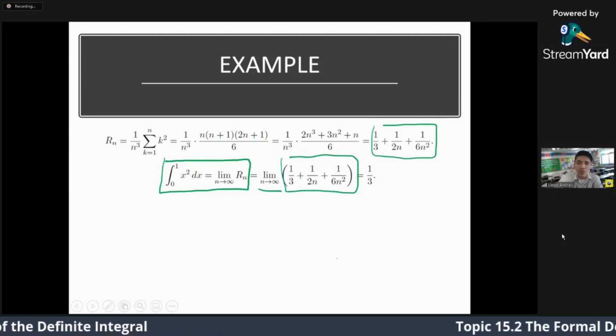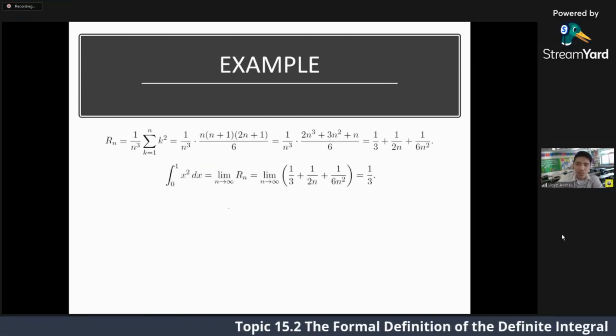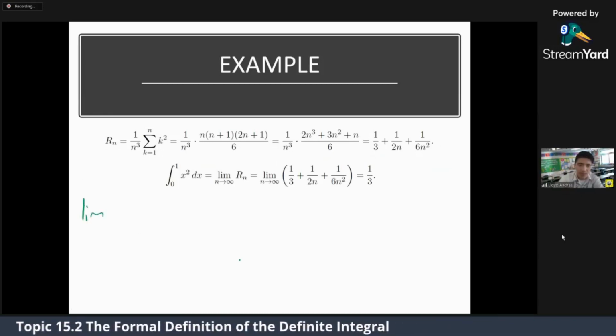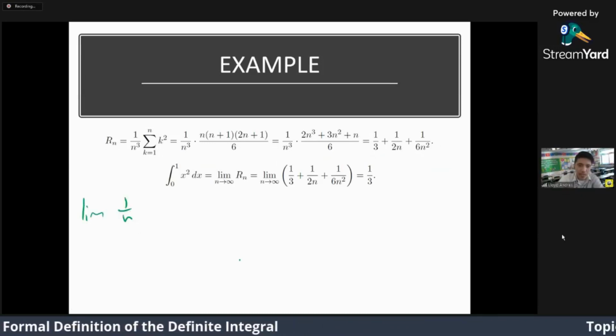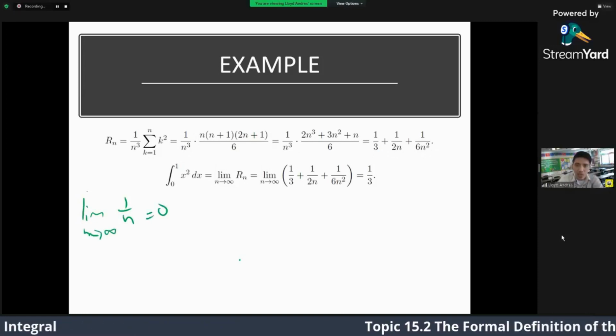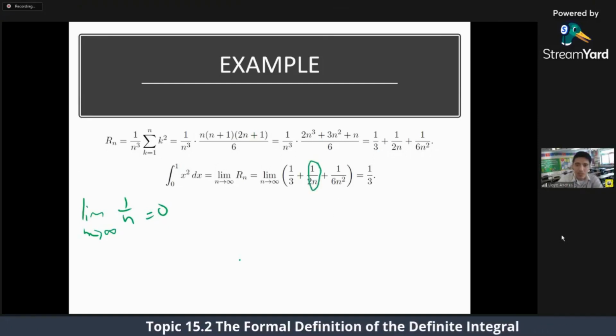Then, we will use katung limit of 1 over n as your n approaches to infinity is equals to 0. So, kani 1 over n man na, mahimo nig 0.